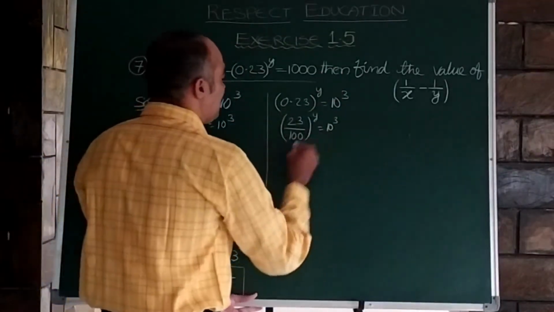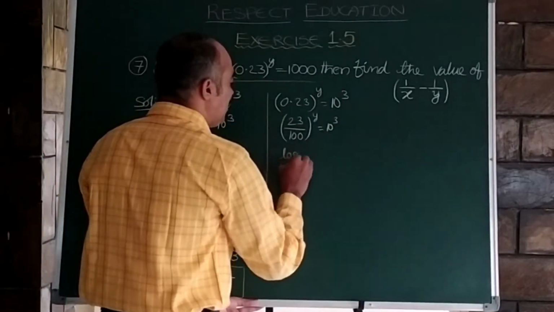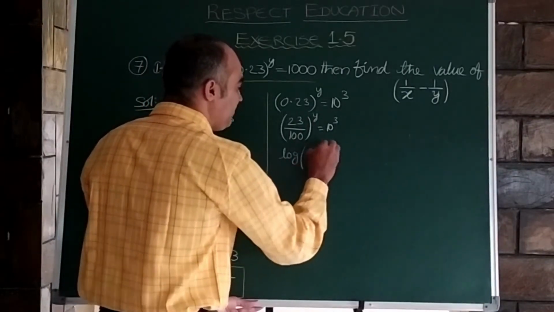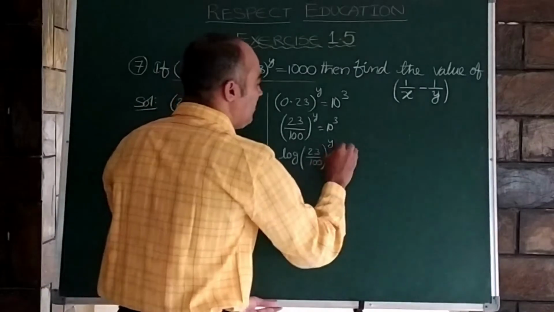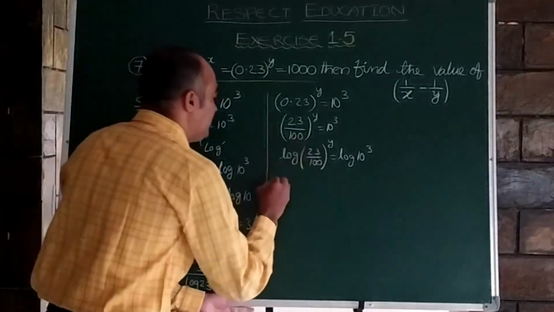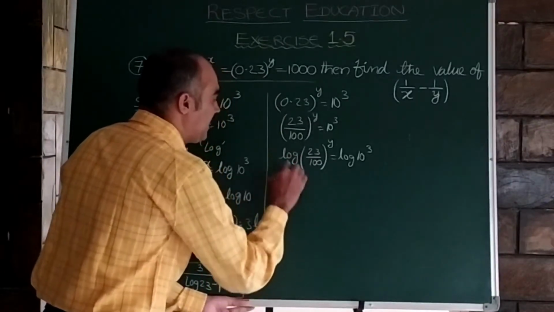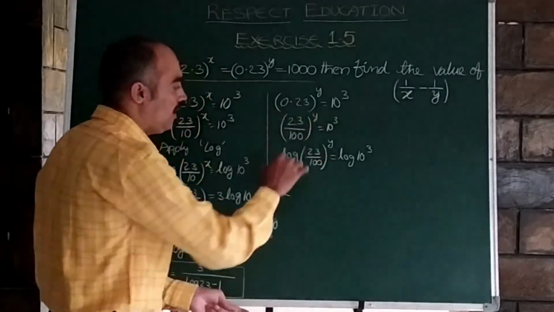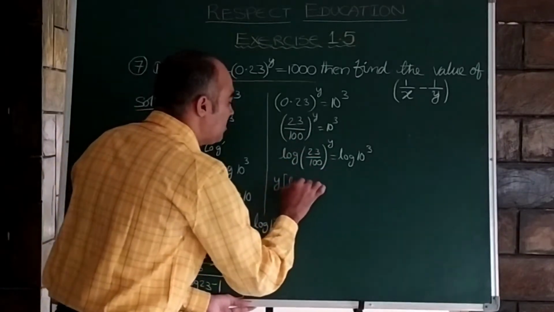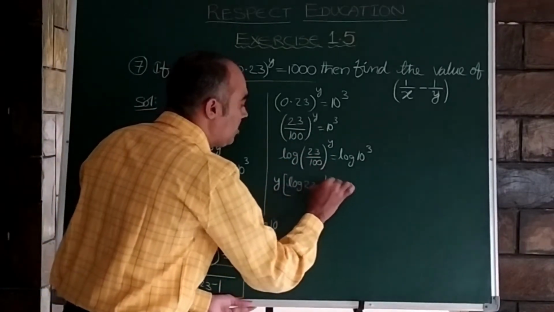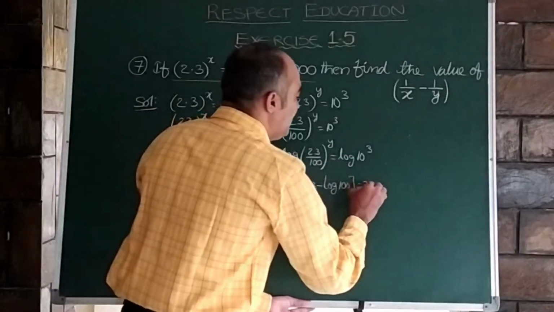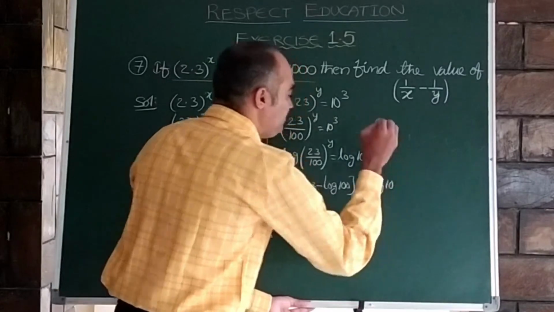So let us apply logarithm on both the sides: log 23 by 100 power y is equal to log 10 cube. Here the power comes forward, so y times log a minus log b, so log 23 minus log 100, is equal to, here 3 comes forward, 3 times log 10.